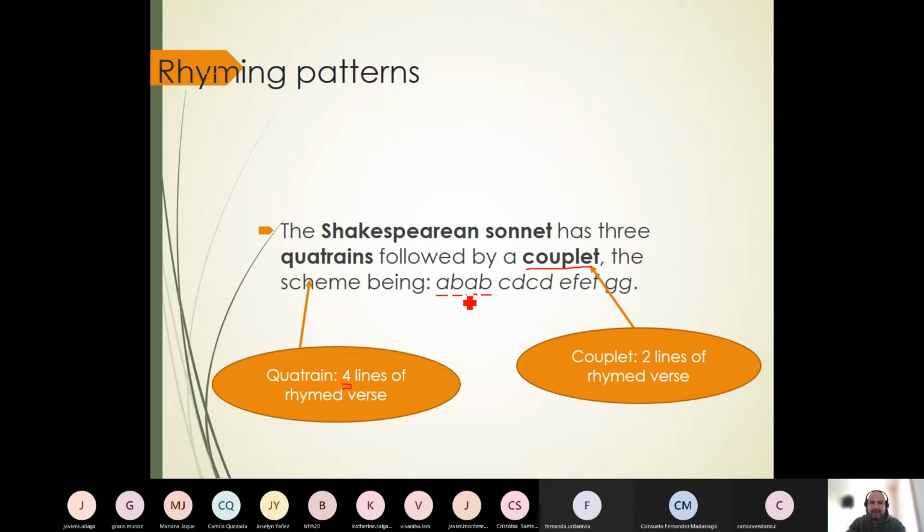So we have A, B, A, B, C, D, C, D, E, F, E, F, and G, G means that the last 2 lines, the couplet, both end in words that rhyme. Let's try to see this rhyme scheme in an example.